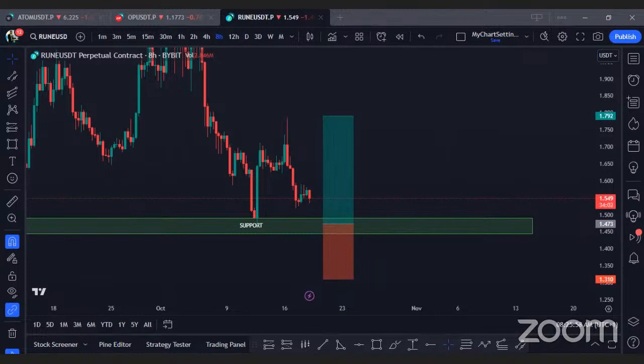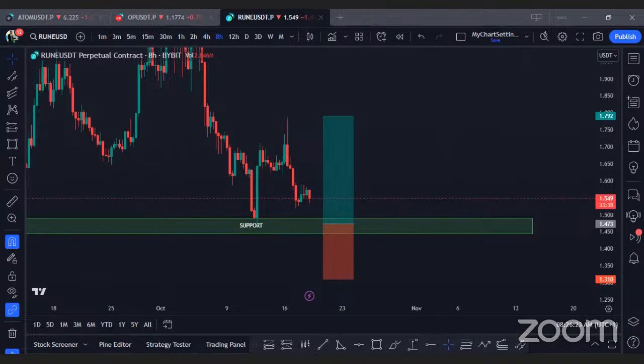Okay, let me switch to another browser. So for RUIN USDT, let's see again. Okay, I guess it's network. These exchanges like rejecting network.